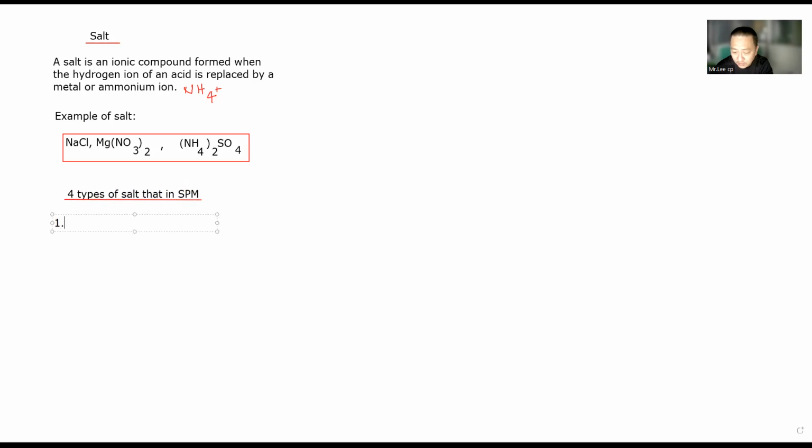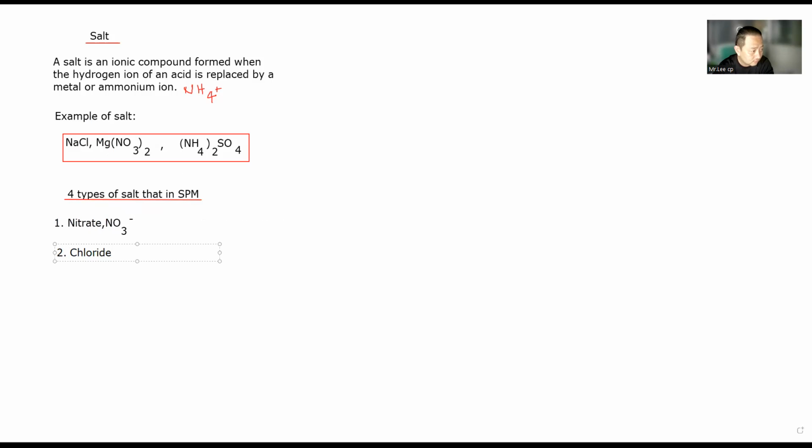First one is nitrate salt, NO3 minus, for example magnesium nitrate, aluminum nitrate. These are salts.